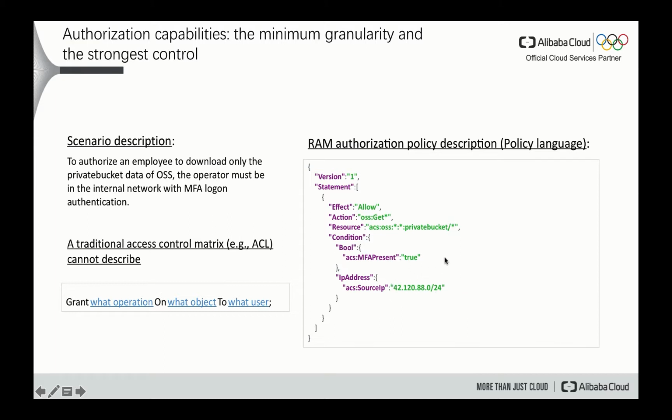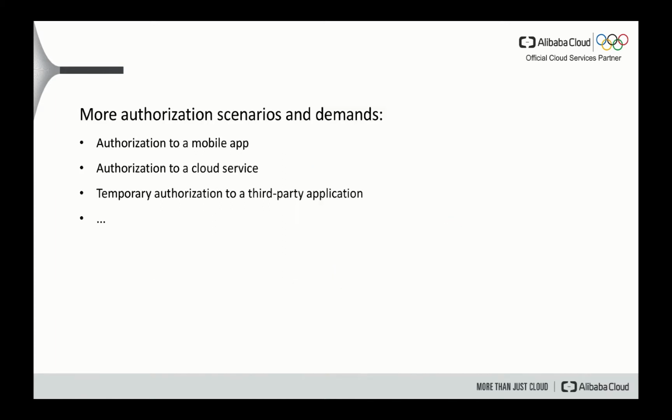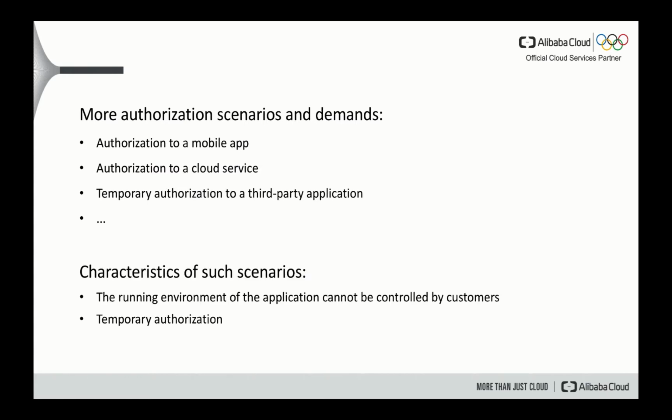So this is a very good example of how we can use a RAM policy to define a policy very granularly. There are some more scenarios, like giving authorization to a mobile application and to other cloud services. You can use STS, this kind of temporary authentication mechanism, to grant a third-party application very temporary access to your resource.